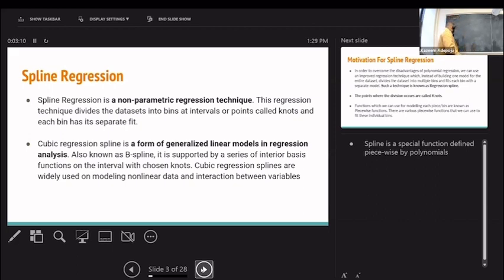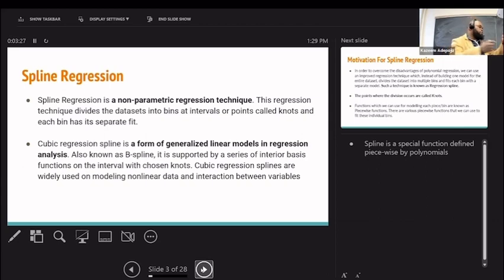Now, the advantage of using spline regression is more or less like when we fit a higher order polynomial.